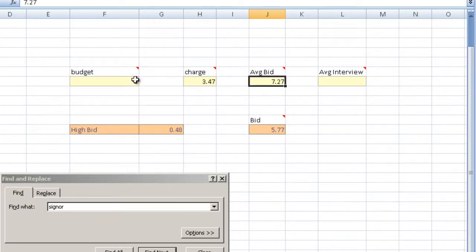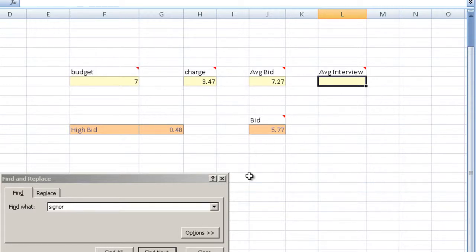As you can see, if you just base it on the budget, it'll be $5.24. If you base it on the average bid, it'll be $5.77. But let's say that the client is interviewing below both the average bid and the budget.